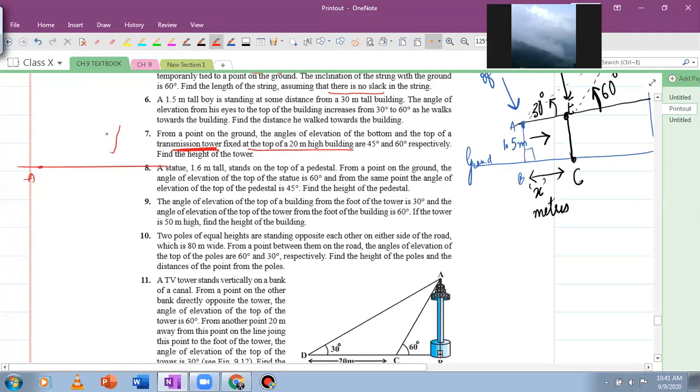So let us say that we have a building right here. This be the building. Building के ऊपर tower है. So let's say this is the tower here. The height of the building is given to be 20.